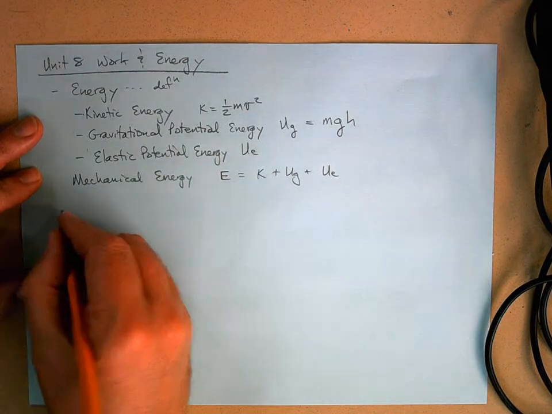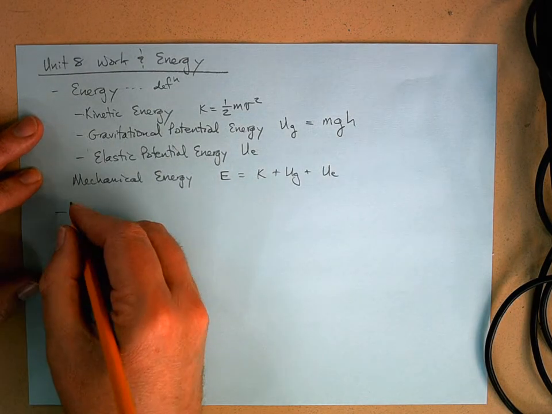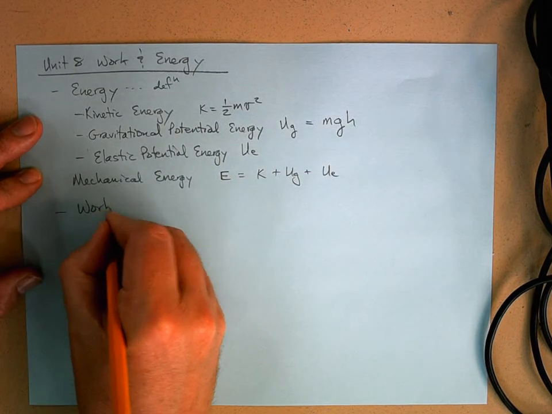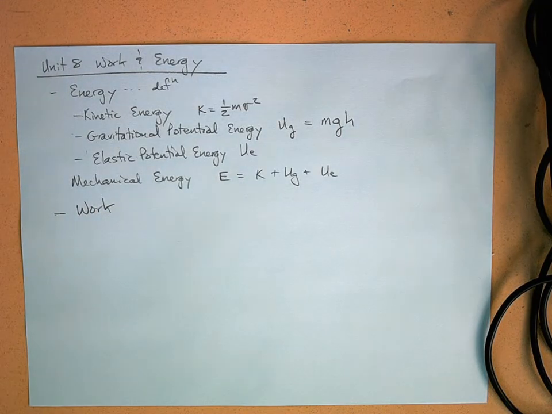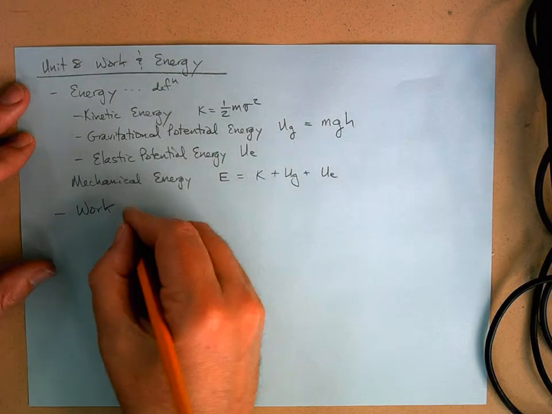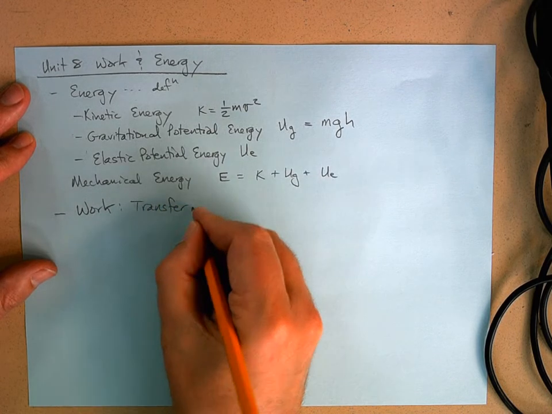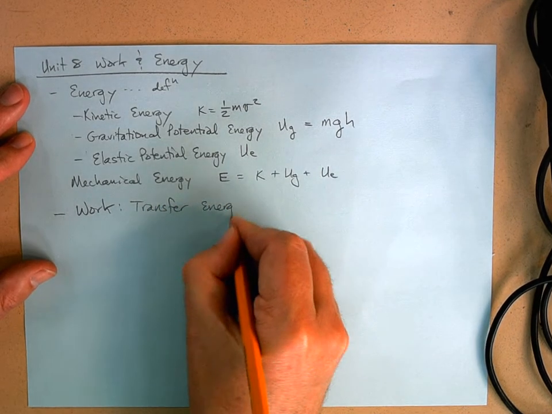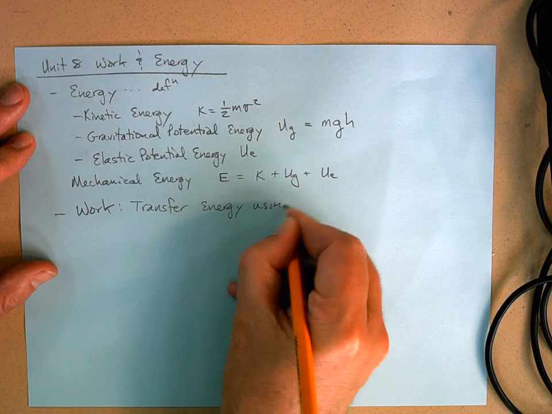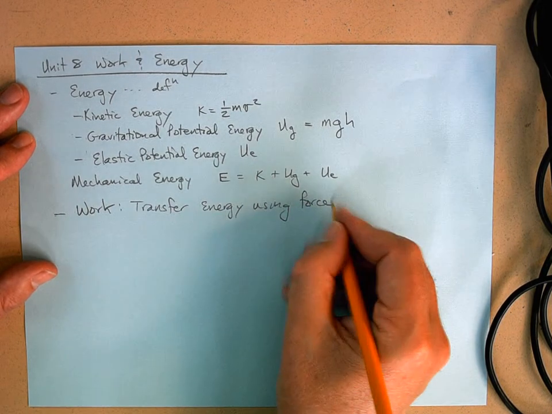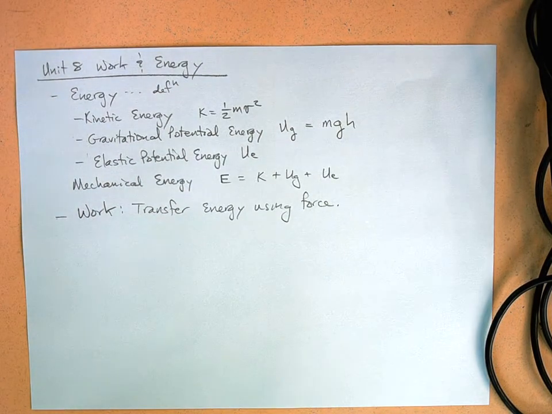But we can also transfer energy by doing what we call work. Work is a way of transferring energy by means of a force. For example, if I throw a ball, I'm applying a force to the ball with my arm.